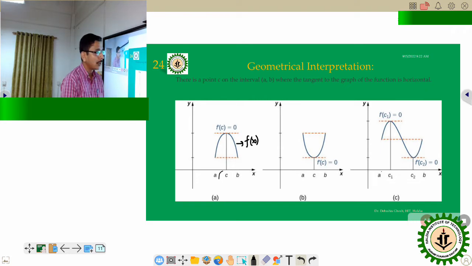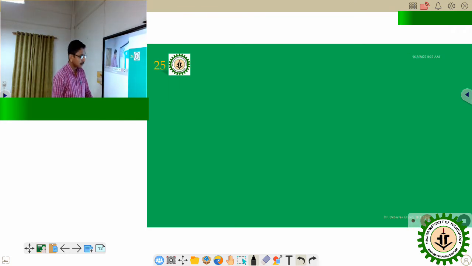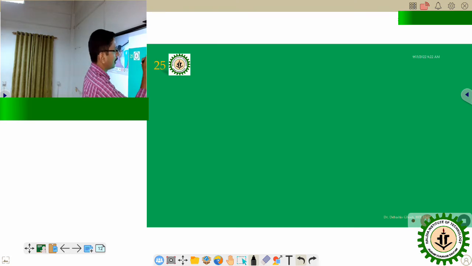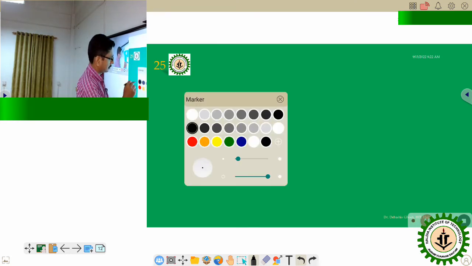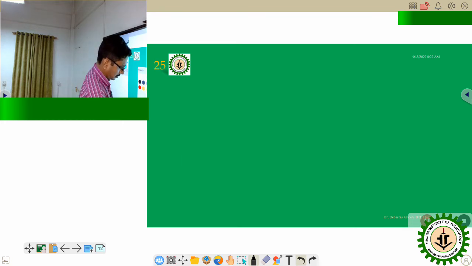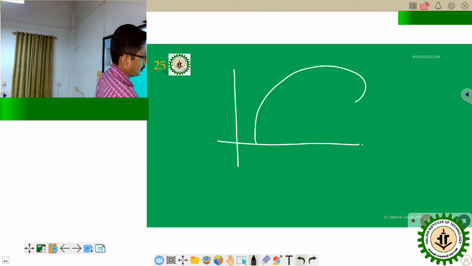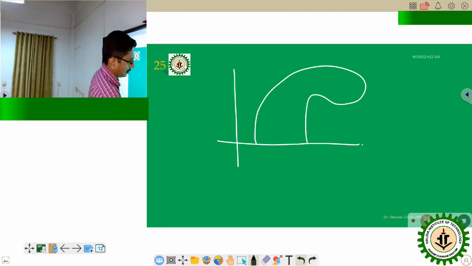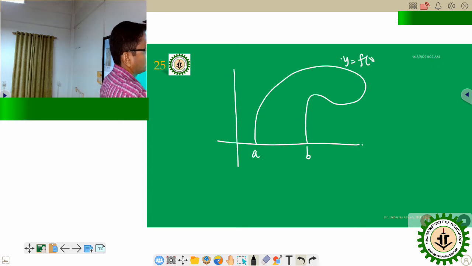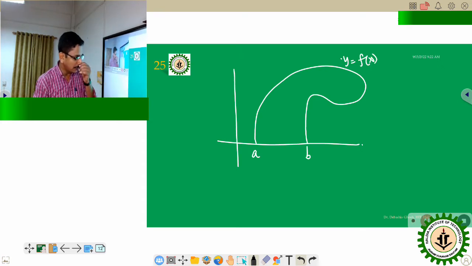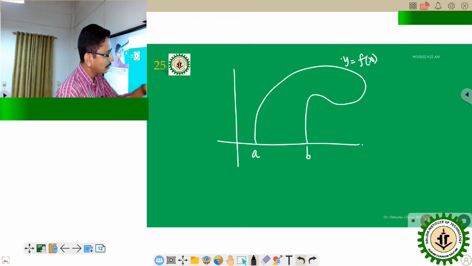If it is not, then suppose you have a graph in between a and b. This is supposed to be your f of x, y equals f of x, and over that interval the function is defined, the function is also continuous. At each point we can draw the derivative of that function, but the thing is the function has two values.